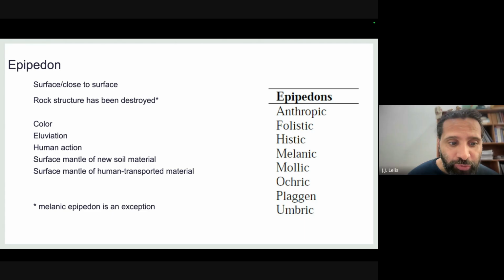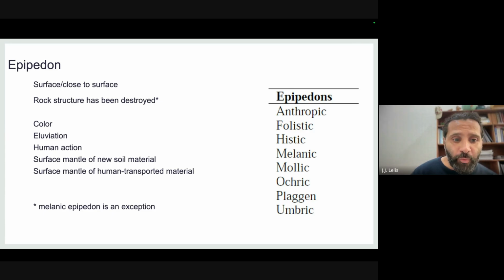I will show you today this exception, but all of them don't register a huge influence of rock structure because the surface processes are more related to the addition and stabilization of organic matter, and to human actions. So these processes and these properties are much more important than the amount of rock structure, okay?